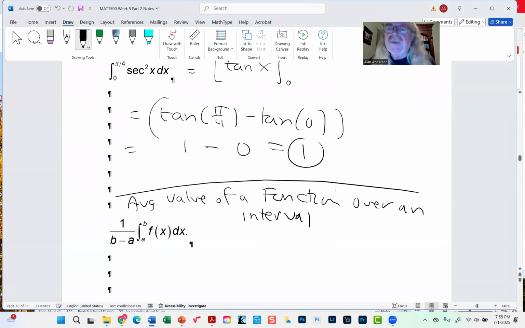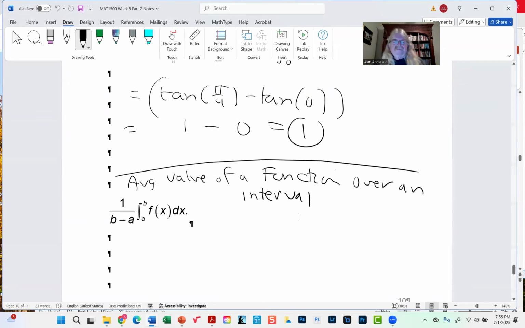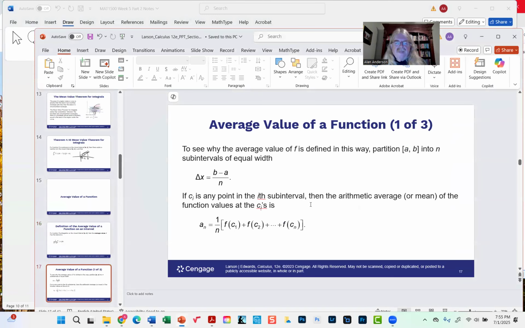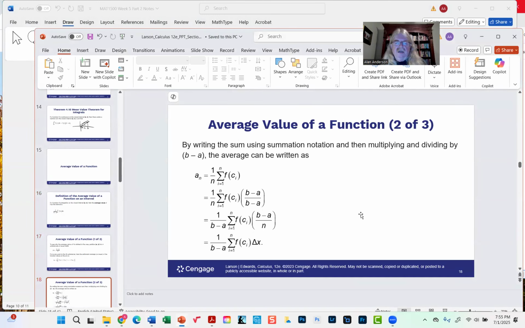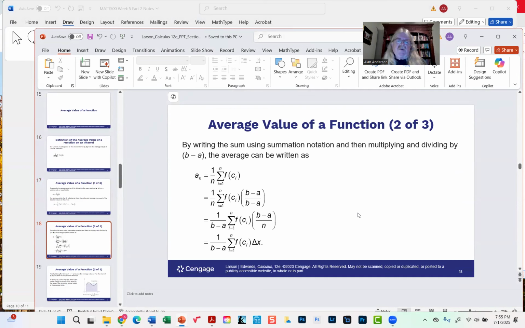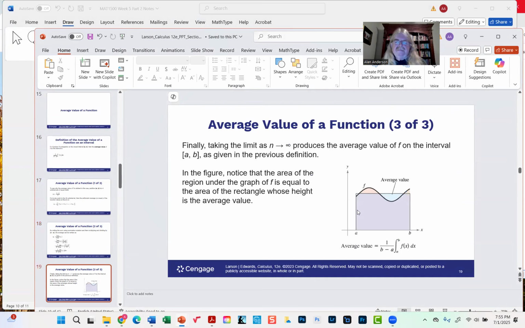And of course, the interval is A to B. Here they're basically proving it. It's based on the previous result, the mean value theorem.